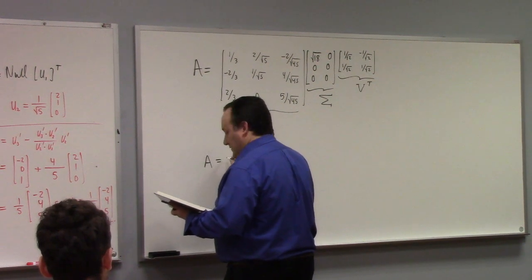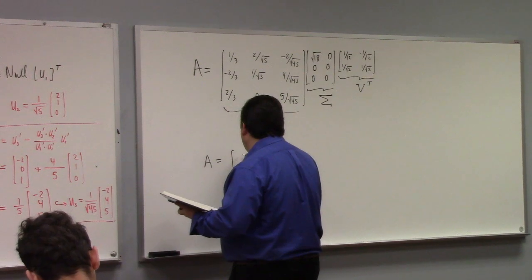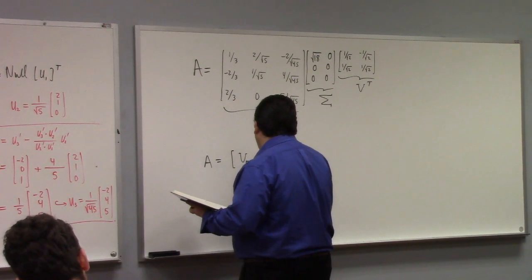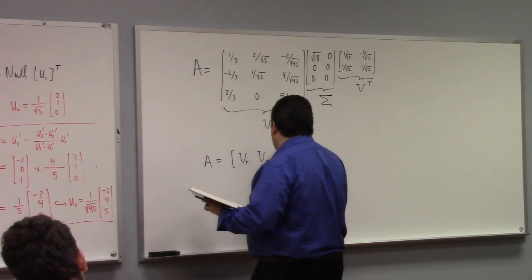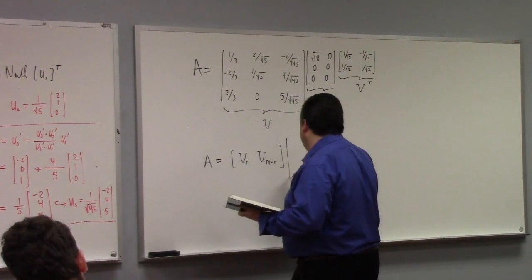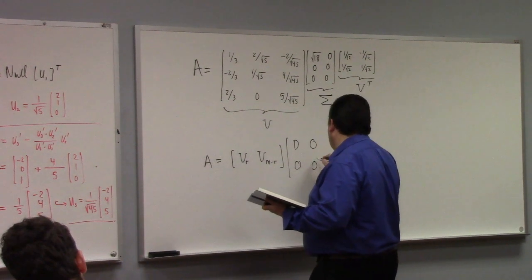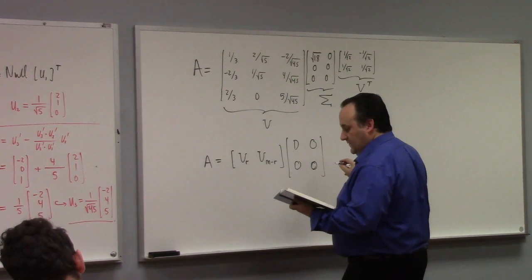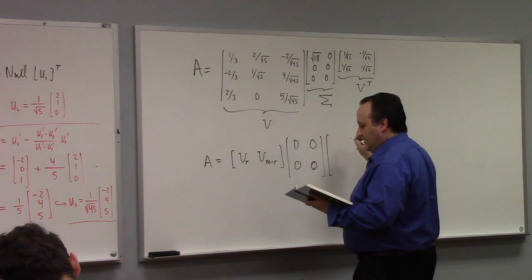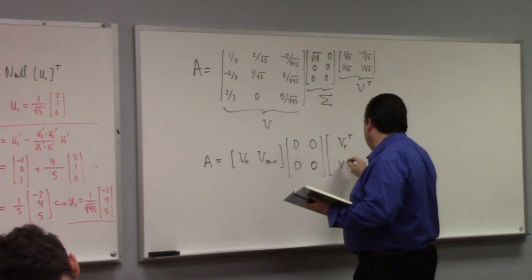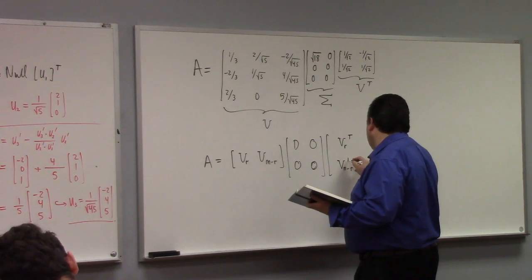So suppose that your singular value decomposition looks like this: U r, U m minus r, then D 0 0 0, and then you've got V r transpose, and then V n minus r transpose.